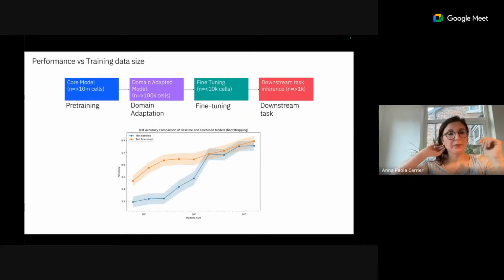So this is an example of how you do those steps, and how much data you need to do that.